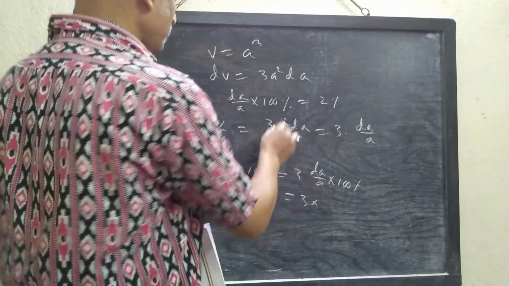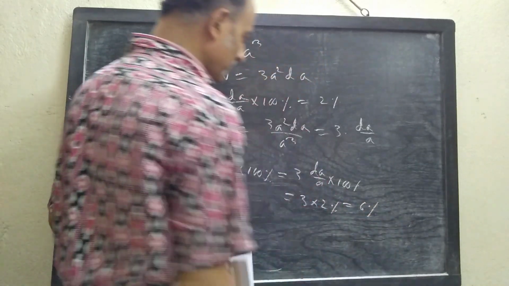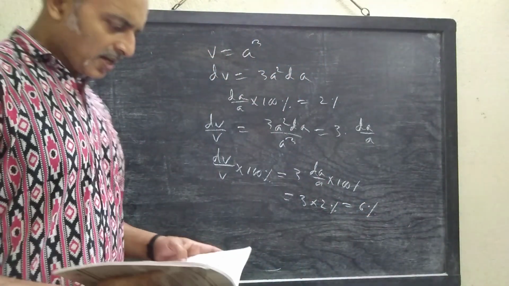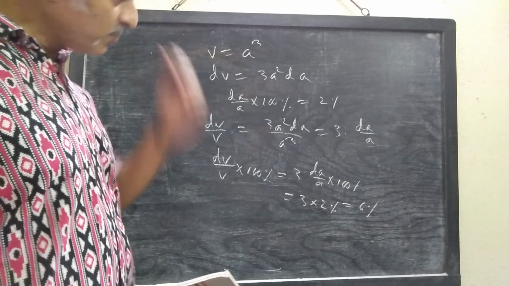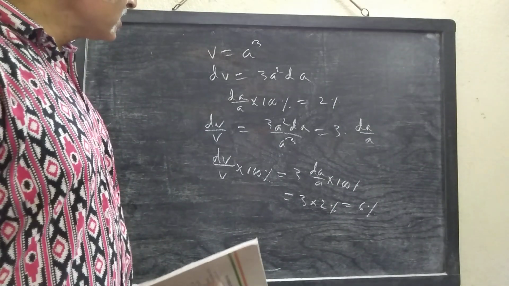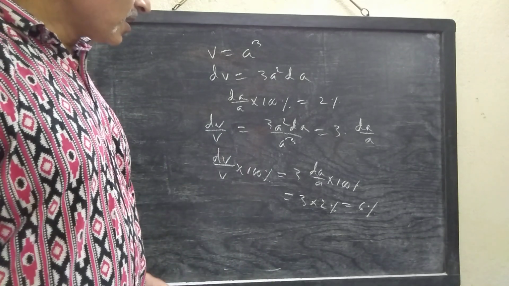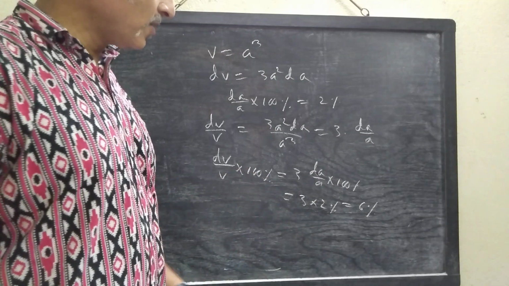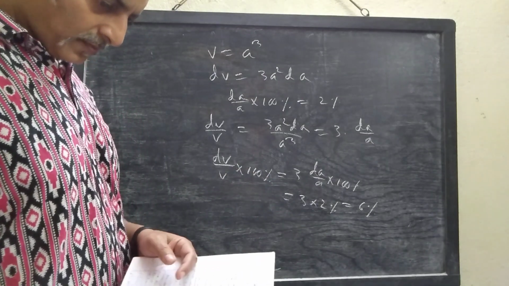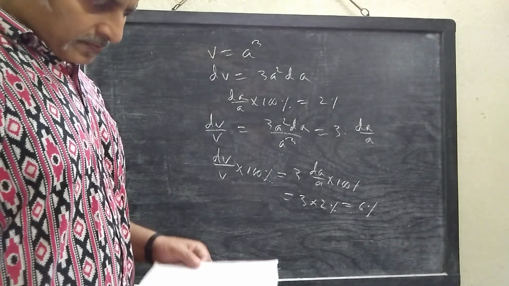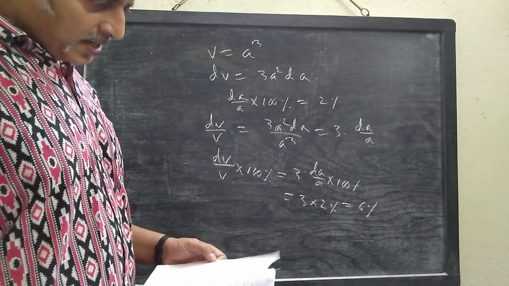So 3 into 2%, that is 6%. So your answer will be, corresponding to an increase of 2% in the measurement of the edge of a cube, there will be a corresponding increase in volume by 6%.